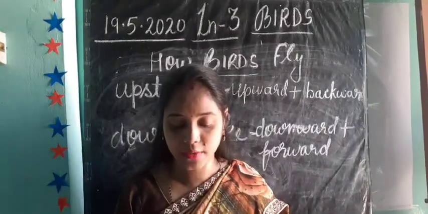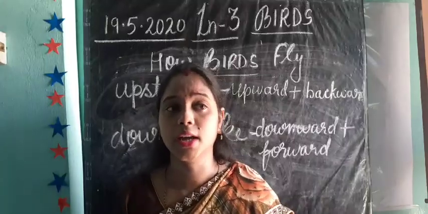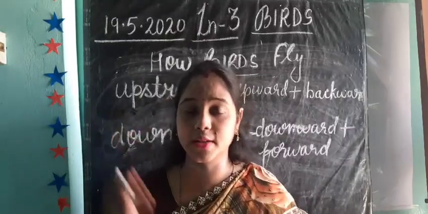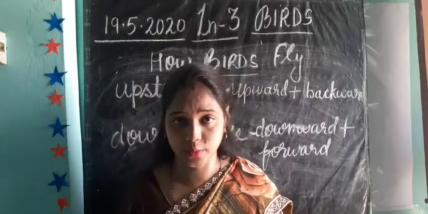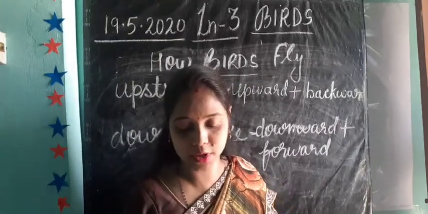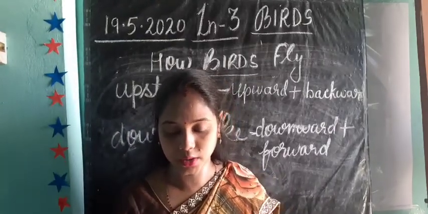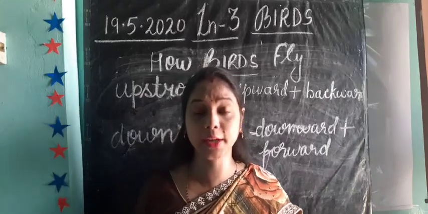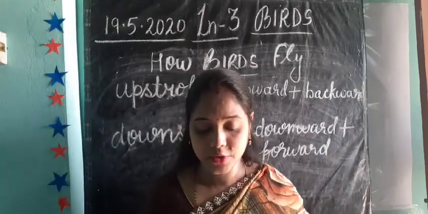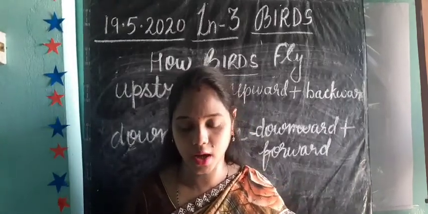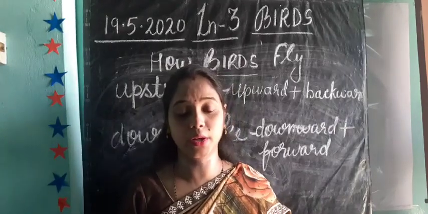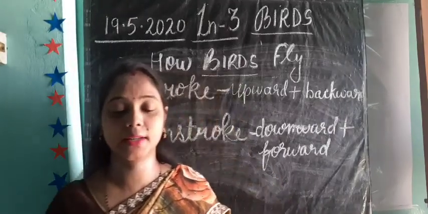So here we have studied the types of feathers and how the birds fly, the movement of the wings. Two movements are there, upstroke and downstroke. Then we will see, in your book it is written that ostrich, emu, cassowary, rhea, kiwi and penguin are some flightless birds.